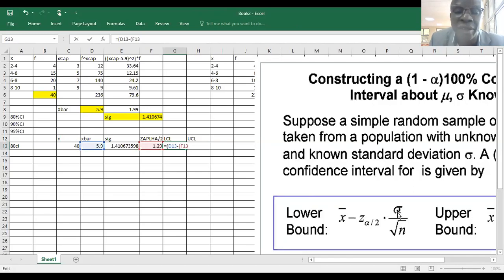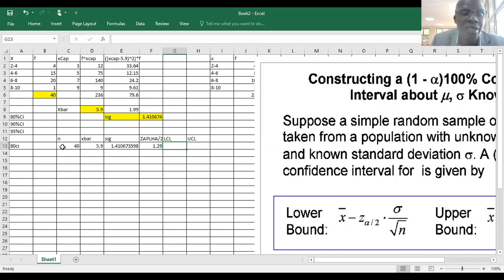We can do it here together. So it is minus Z alpha times sigma. What is sigma? Sigma is here. Divided by, there are so many brackets here which will confuse you, because I'm using Excel.